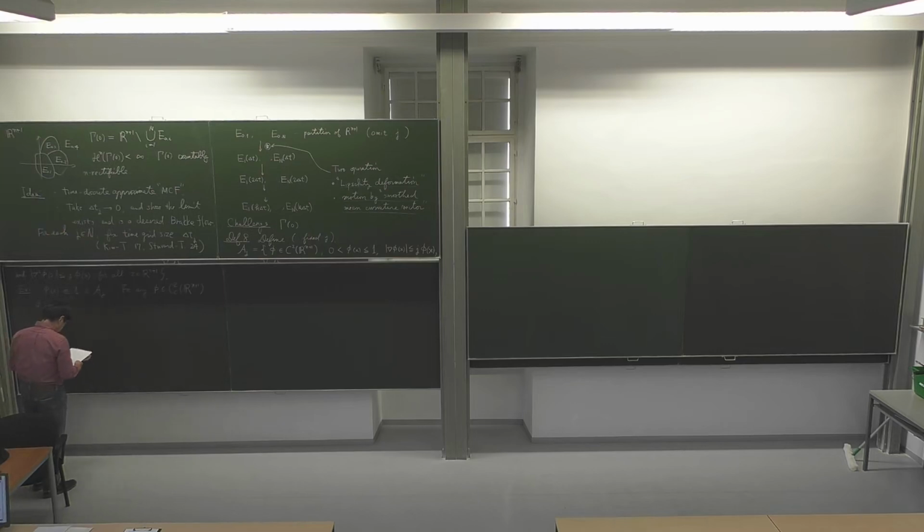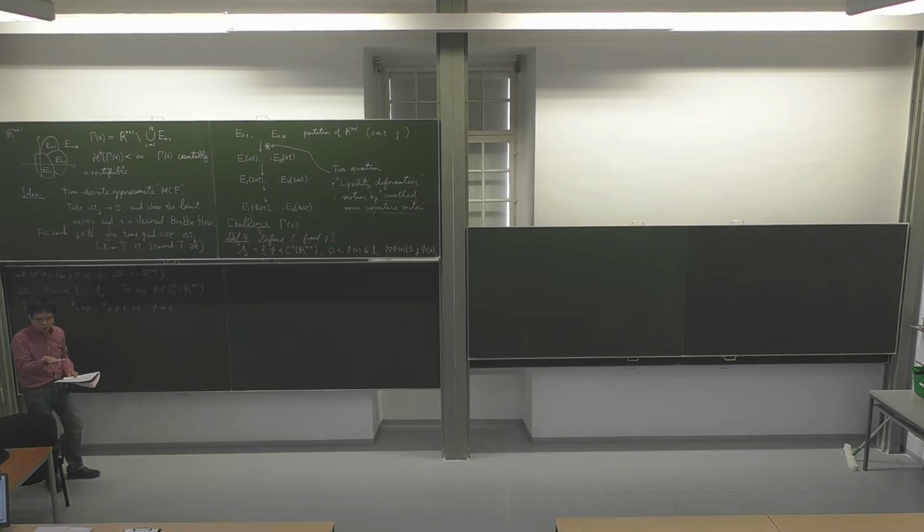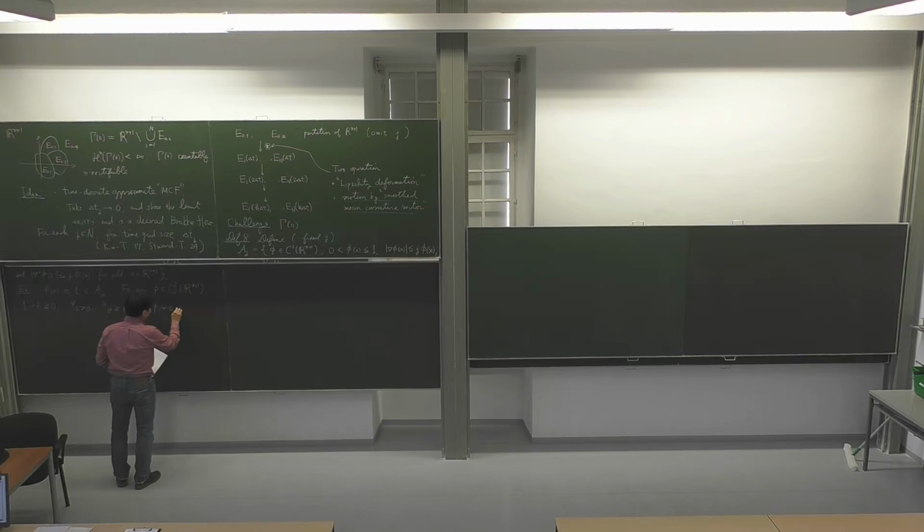Then it's not so difficult, actually it's easy: given any small epsilon, there always exists some large j such that phi plus epsilon, that is, you lift phi by a very tiny amount, belongs to script A_j.